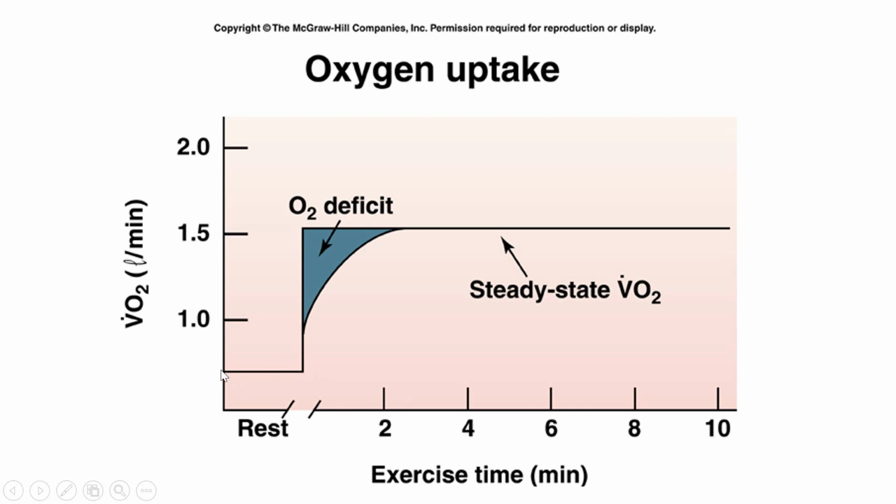We're at a little less than half a liter at rest, and then the oxygen uptake rises, and then we achieve this steady state, and all of the energy prior to that which wasn't met with aerobic metabolism was incurred by anaerobic energy systems. And wouldn't it be neat if we could quantify that green sliver and measure that and find out, well, what about a maximum measure of that?